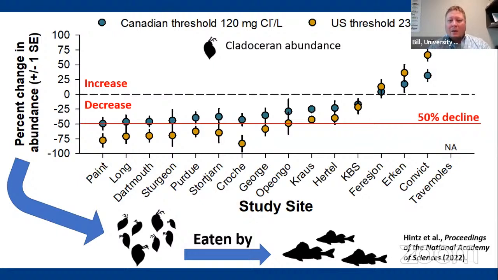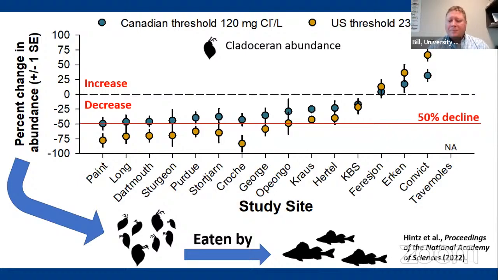And the gold-colored one is the US threshold of 230 milligrams of chloride per liter. What we see is that at these concentrations, the vast majority of cladoceran communities in the lakes that we studied decline quite a bit from a control concentration which has no salt in it.